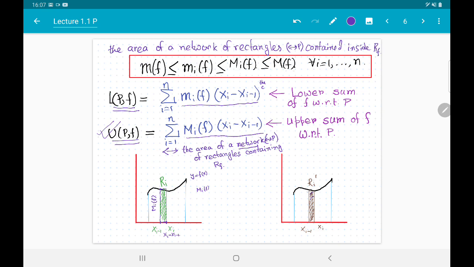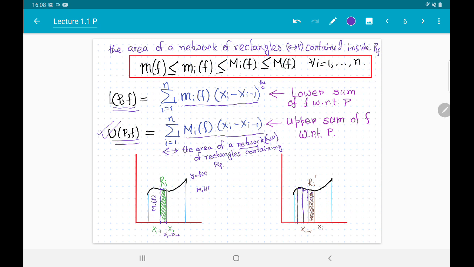So here we can draw the rectangles like this by taking the smaller values in each interval, and this will give me the total area of the network of rectangles.